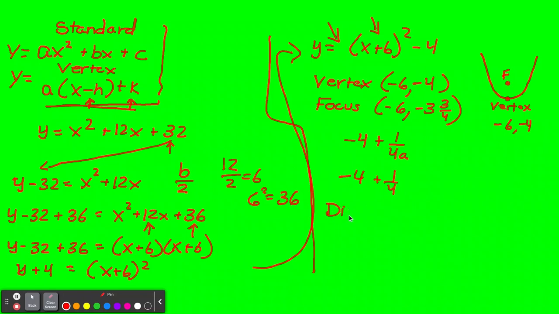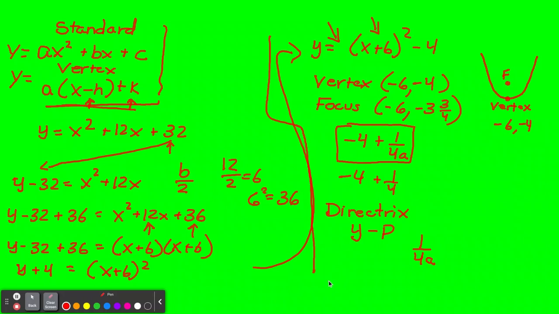Now to get the directrix, it's y minus p. And p is always 1/4a. We did that before with the focus. Doing the same thing, but we're minusing. You notice how we minused with the directrix, we added with the focus.